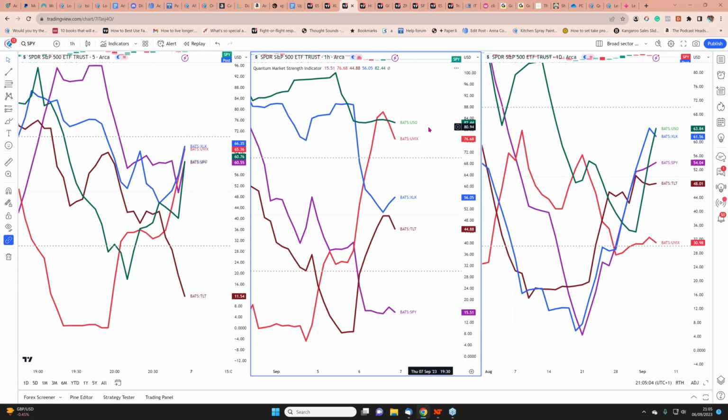But it's this whole idea of being able to view what is going on in the context of sentiment, in the context of money flow. And it's just a great way of compressing information into a single workspace across multiple timeframes without having to look at multiple charts.